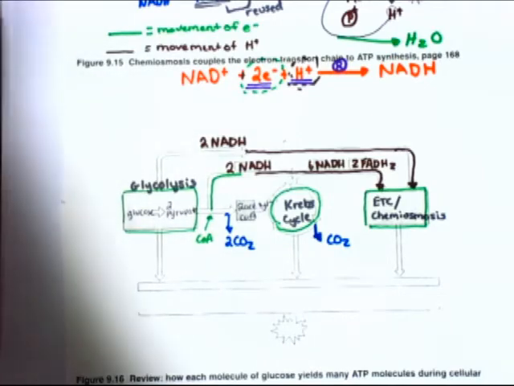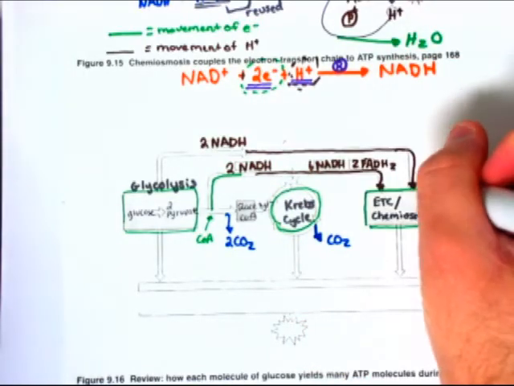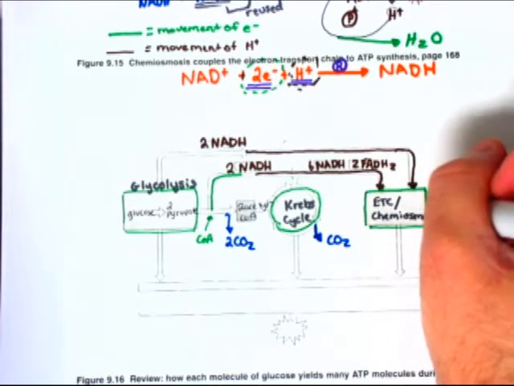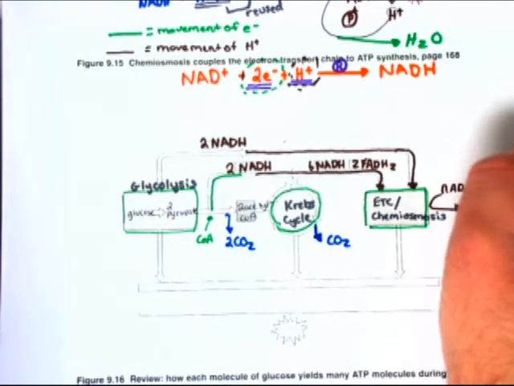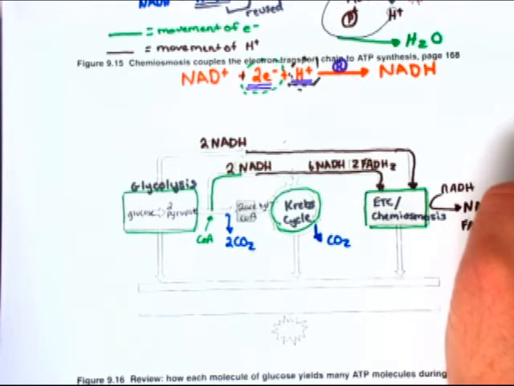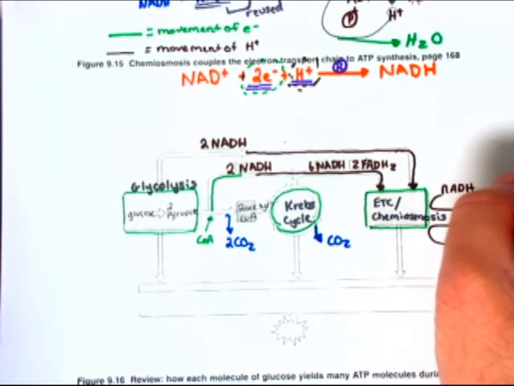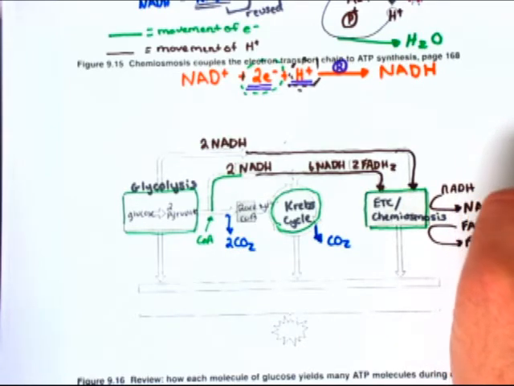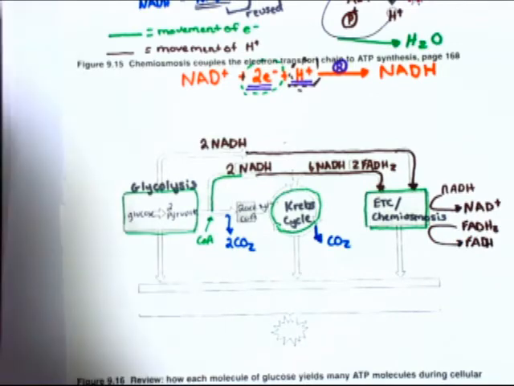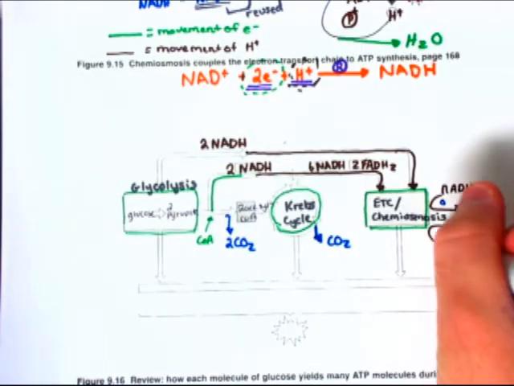And what were you doing to all of your NADHs and FADH2s at that time? Ooh. You were doing oxidation. Taking all of your FADH2. This would be an oxidation reaction.